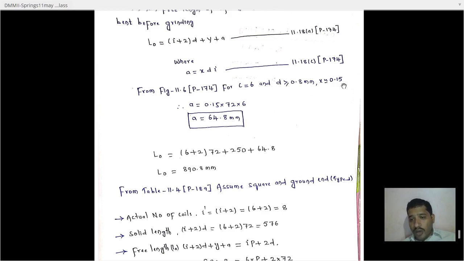X is 0.15, so you have to put that value. d value is how much? 0.8 mm, then into 72. i is the number of turns. How much is that here? The number of turns is given here as 6.